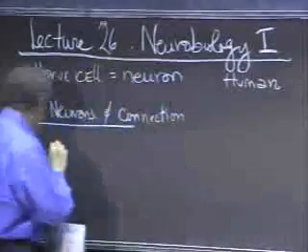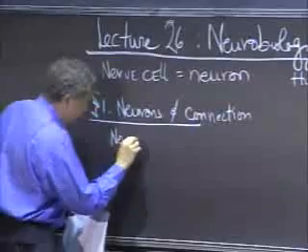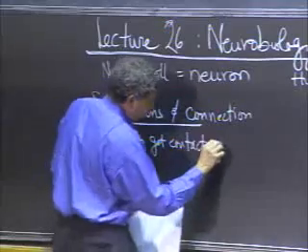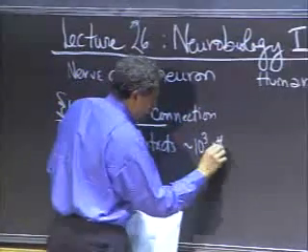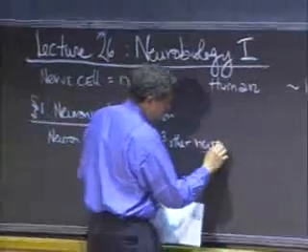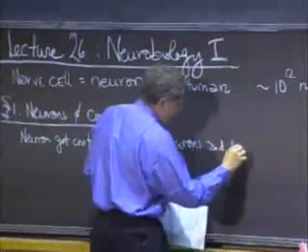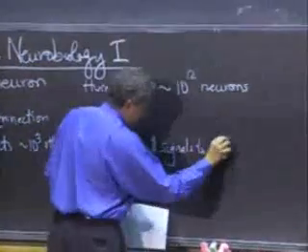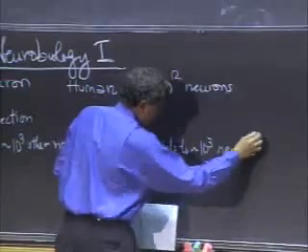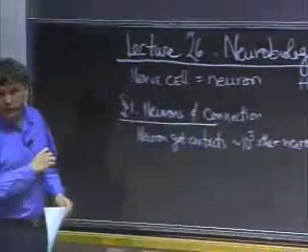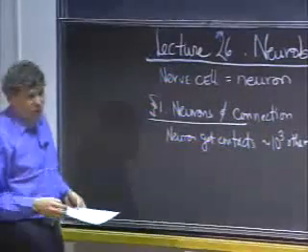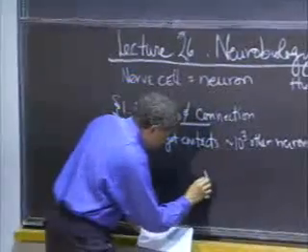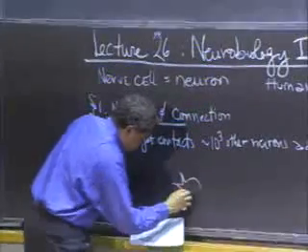It might get contacts from 10 to the 3rd other neurons, and send signals to 10 to the 3rd other neurons. So that's a lot of connections. If you figure 10 to the 3rd times 10 to the 12th, 10 to the 15th connections in this circuit diagram. Here's sort of a picture of a nerve cell.